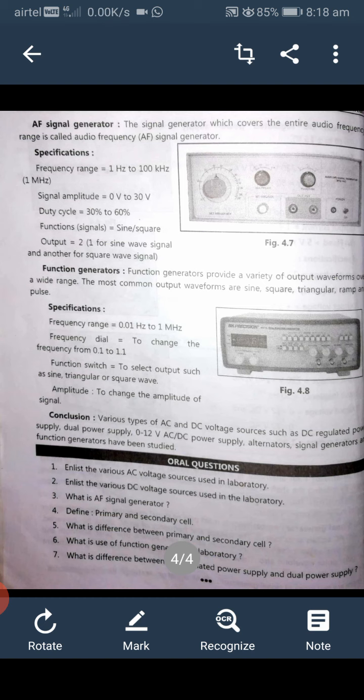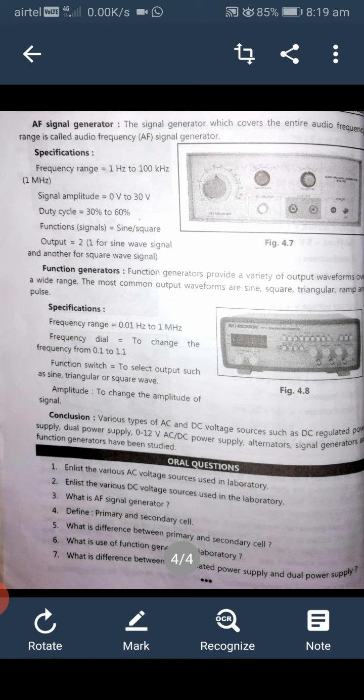There is some assignment for you. Please note it down in your copy. These questions are important from the examination point of view, so please note them down. The first question is, what is AF signal generator? Define primary and secondary cell.